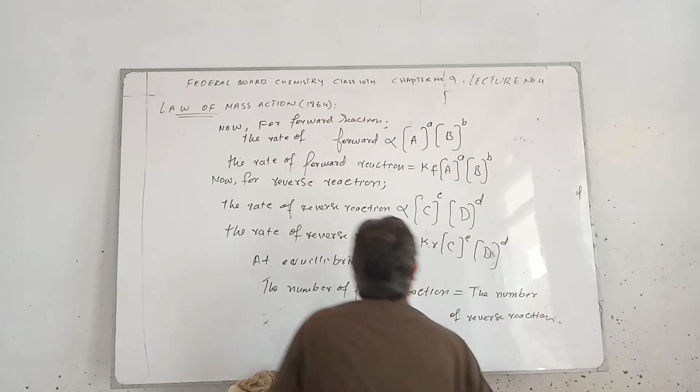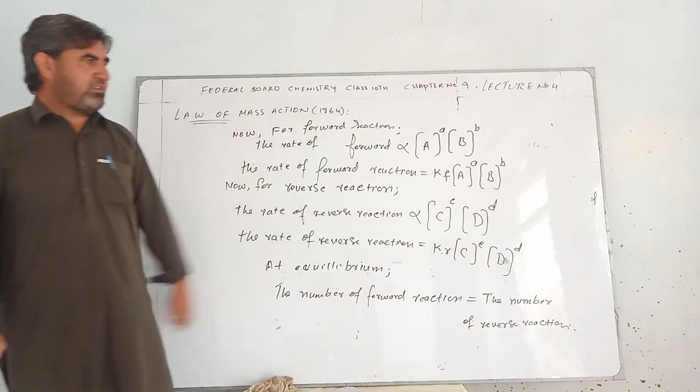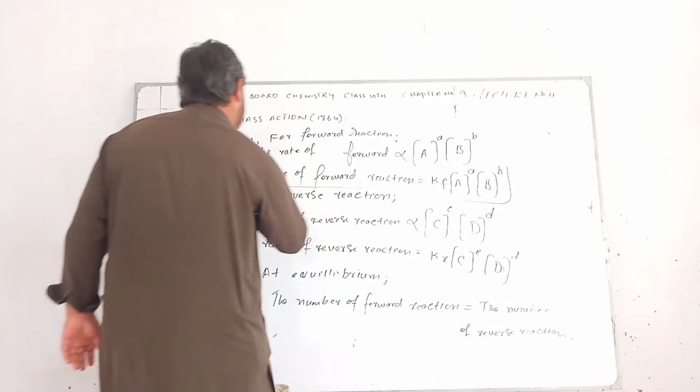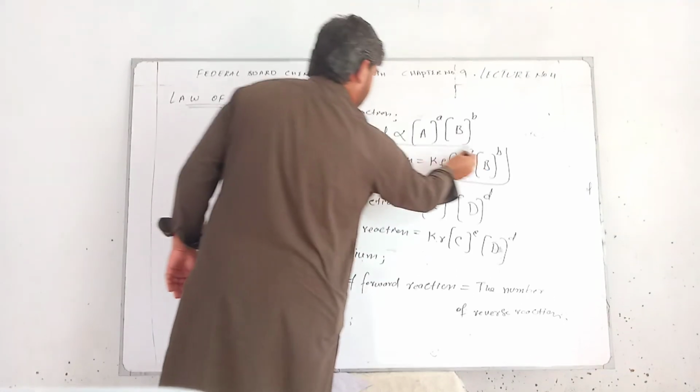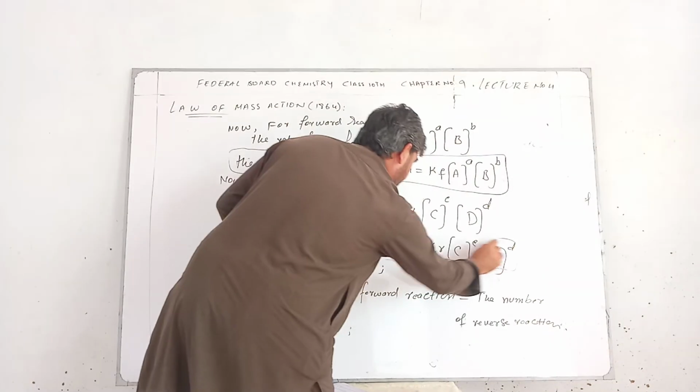It is very simple. Now students, you know that the rate of the forward reaction is this one, and the rate of the reverse reaction is this one.